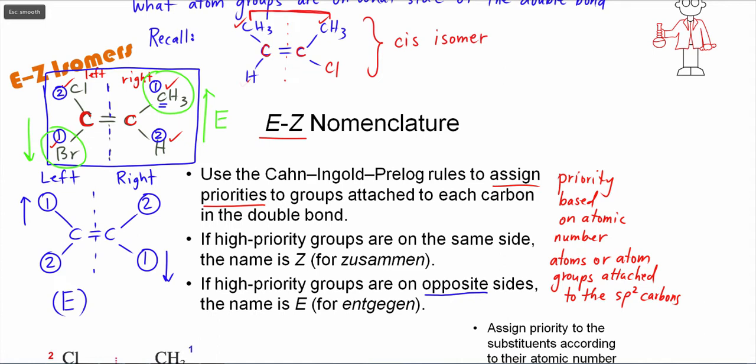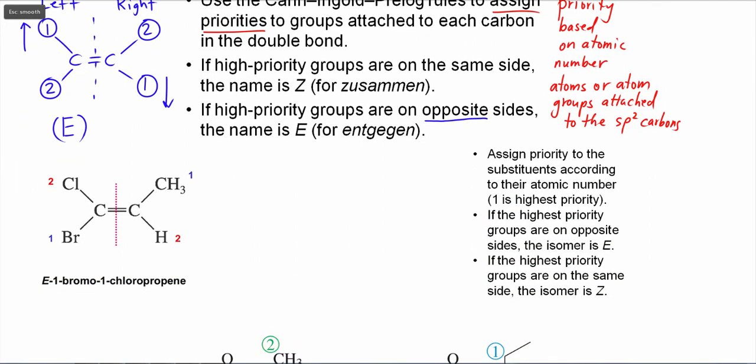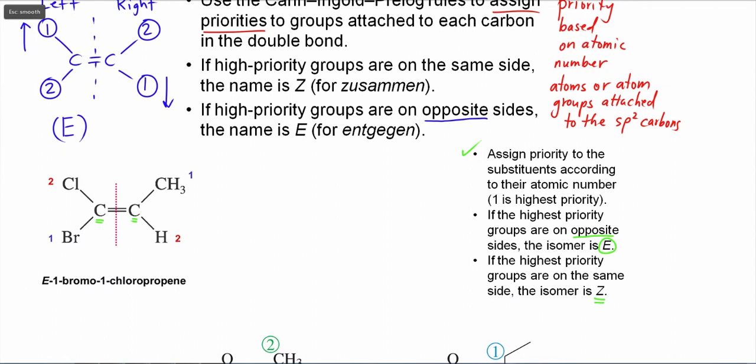Okay, now, as stated, we're going to assign priority according to atomic number, and if the highest priorities on both sides of the carbons are projected in the opposite direction, it would be E notation. If they're projected in the same direction, it's going to be Z notation. So if we look at this, this is the same example that we did.